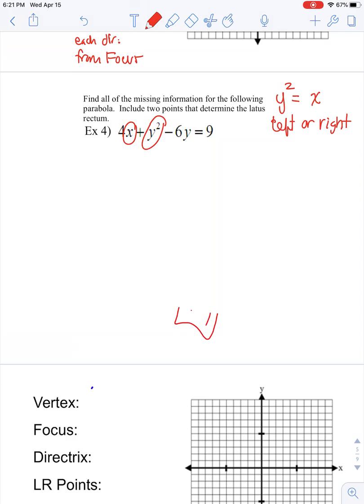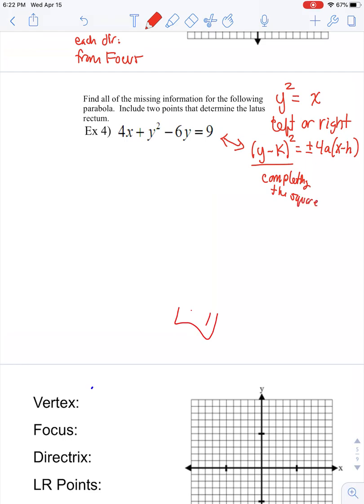Now, if we expand this equation a little bit, remember that we're looking at equations of the form y minus k squared equals either a positive or a negative 4a, and then x minus h. So what we really need to do is make this equation look like that one, which means we have a couple of steps to do. Anytime we have this quantity squared, we're going to have to do some completing the square in order to get this to happen.